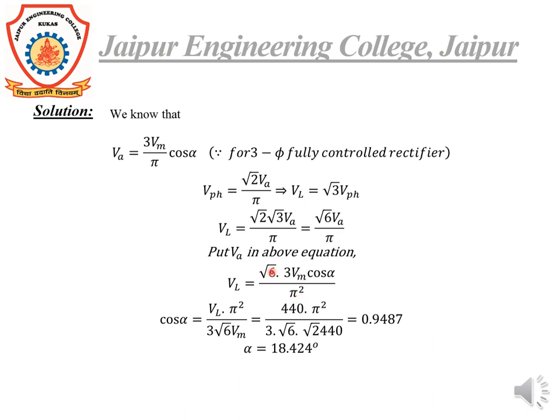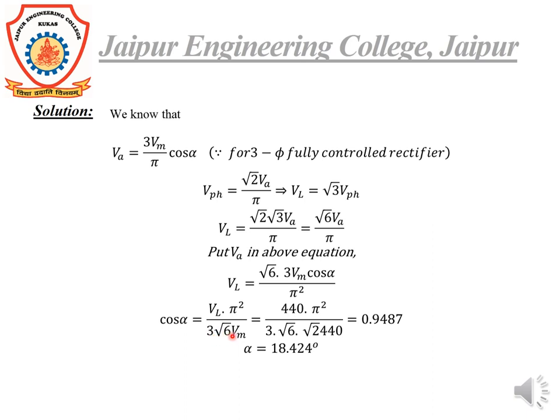Now solving this equation, we will get cos alpha equal to VL, and pi squared will come on the upper side, multiplied with VL, and root 6 into 3 Vm will come in the denominator. So we will get VL into pi squared divided by 3 root 6 Vm.